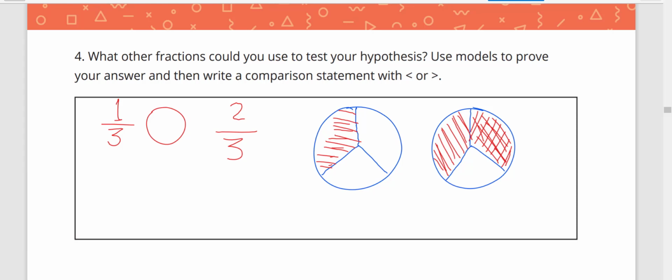The 1/3 is less than the 2/3, because this is one part and the second fraction is two parts, right? The sign.